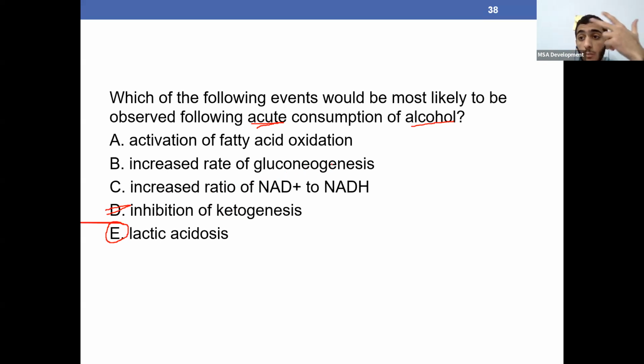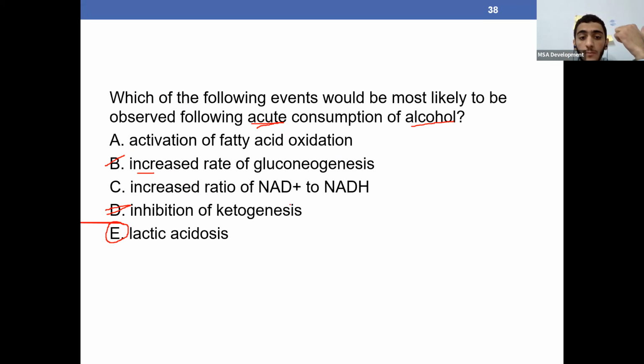The next one is hypoglycemia, because we have a decreased rate of gluconeogenesis because there is a decrease in the oxaloacetate. If there's a decrease in the oxaloacetate, we can't take it to gluconeogenesis. The decrease in the oxaloacetate was caused by two reasons: a decrease in the Krebs cycle and a conversion of oxaloacetate to malate.